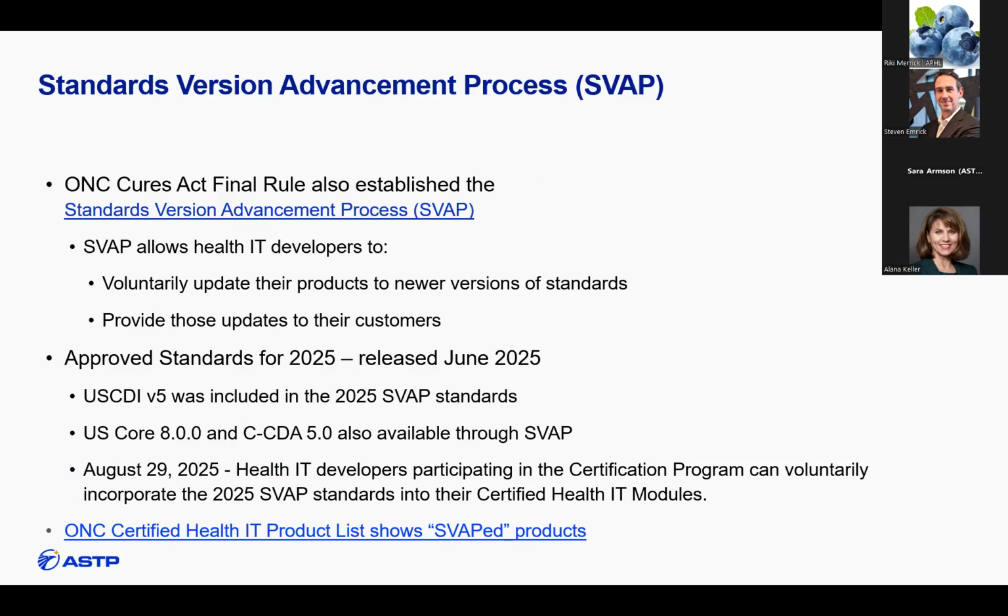The other thing released this summer was our updated Standards Version Advancement Process for 2025, released in June. This is the mechanism by which health IT developers can voluntarily update to newer standards.